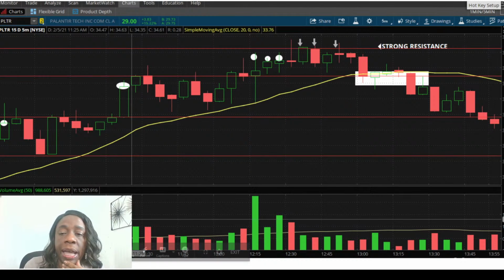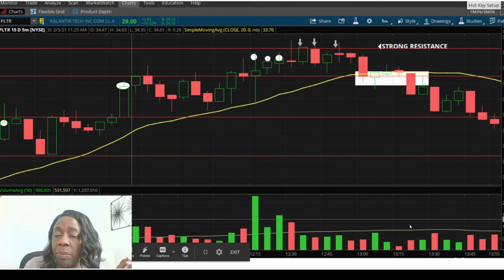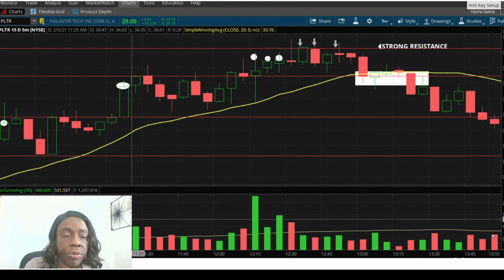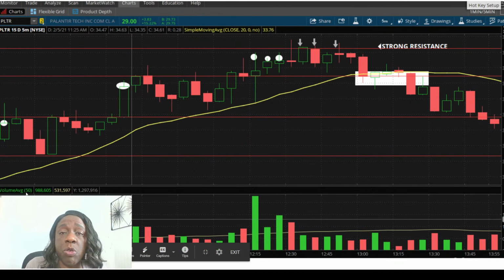Oh, and the other thing I do want to pay attention to before I take questions and answers is the fact that down the bottom of my charts, we have volume. And what I have here is a 50-day moving volume. So these bars show volume. The 50-day moving volume is this cream beige yellowish line.